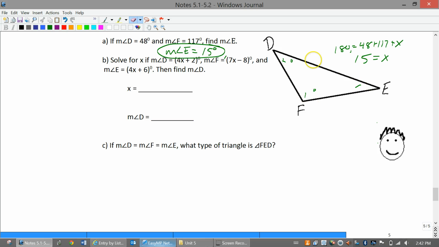The same triangle, we're kind of resetting the triangle. The way I do it is to label the picture. Understand what you're being asked for. You're being asked for what X is first. Then you look at the triangle, those are angles. What do we know about the angles of a triangle? We know that they add up to 180, so we add them up, say they equal 180, and we solve it.